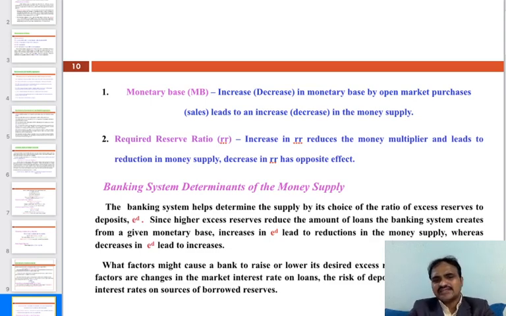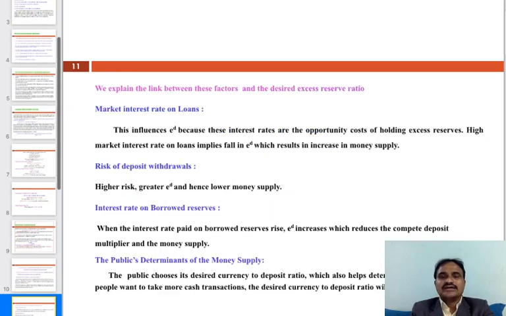What factors might cause a bank to raise or lower its desired excess reserve ratio? The major factors are changes in the market interest rate on loans, the risk of deposit withdrawals, and the interest rates on sources of borrowed reserves. Here we explain the link between these factors and the desired excess reserve ratio.